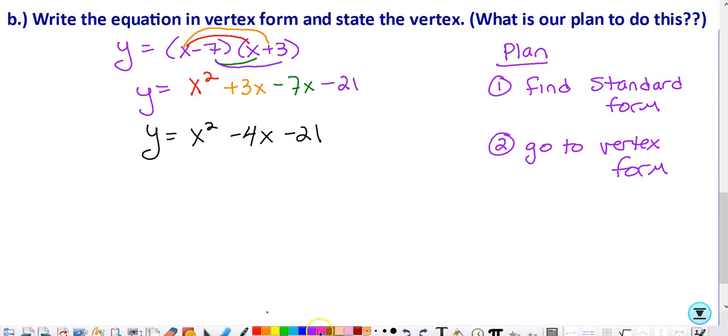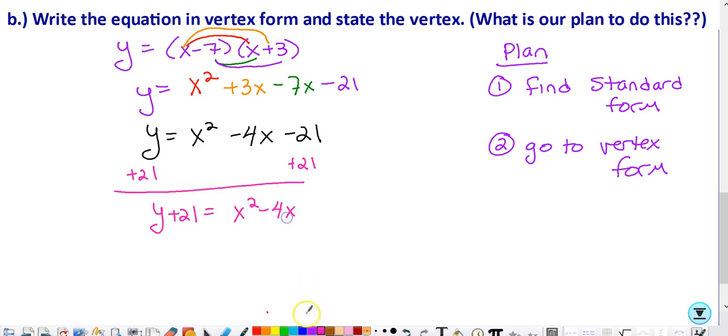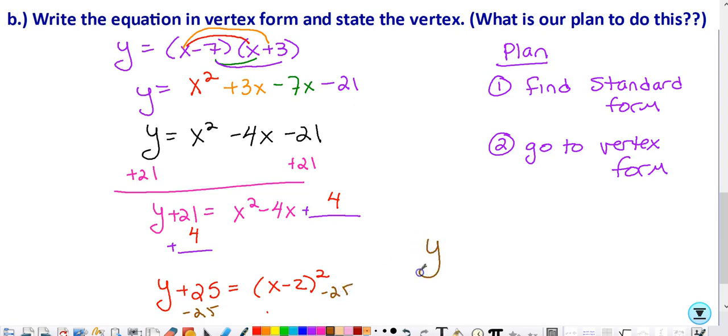Pause the video, see if you can get yourself to vertex form. There is the completed square vertex form.